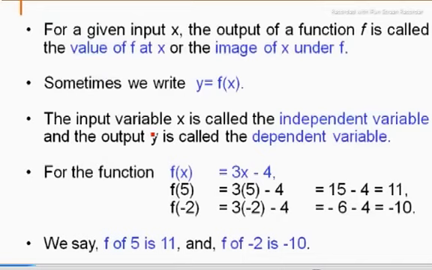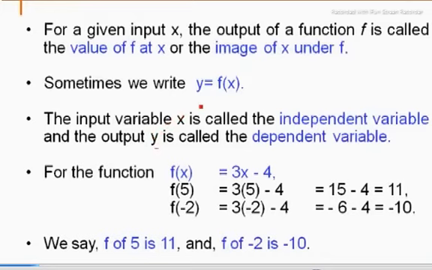Now for a given input x, the output of a function f is called the value of f at x, or the image of x under f. Sometimes we write y is equal to f of x. This is the equation representation of the function.